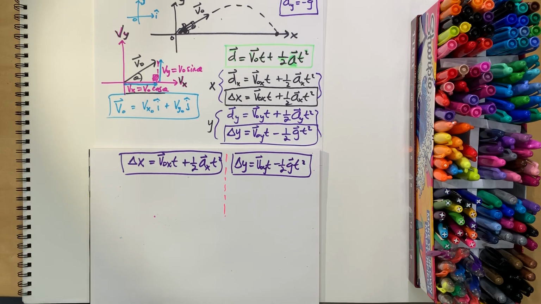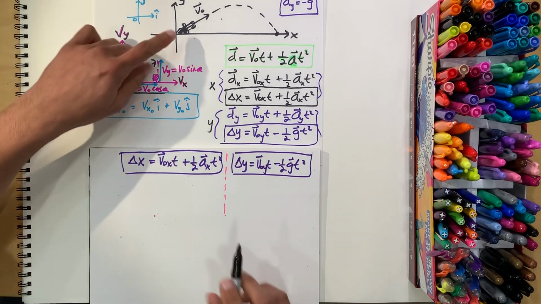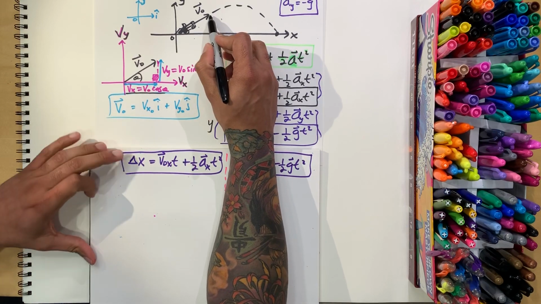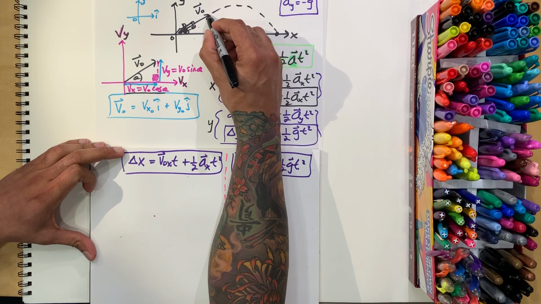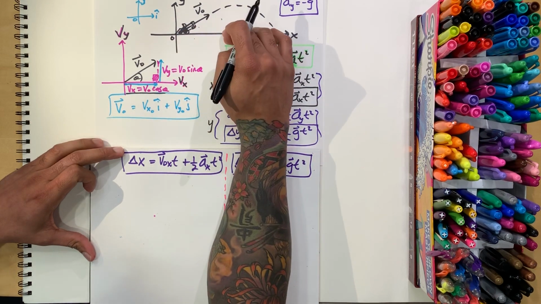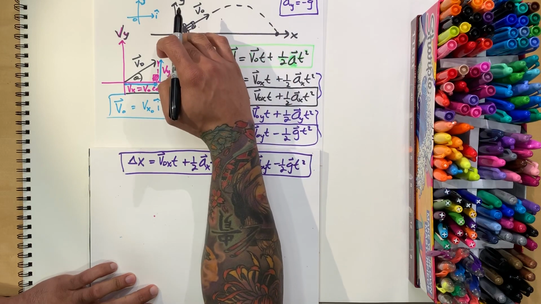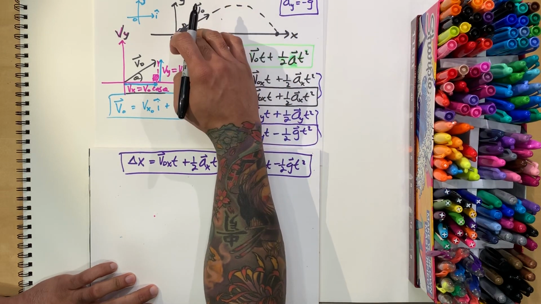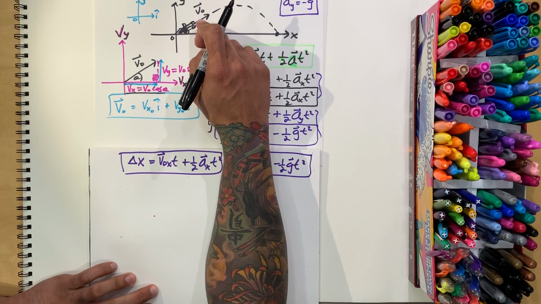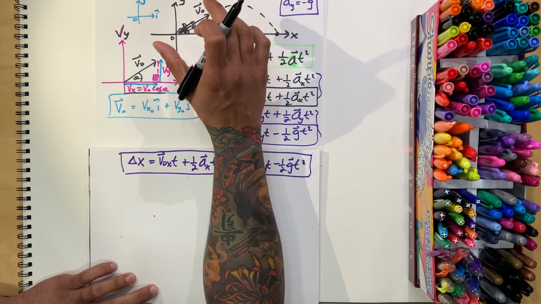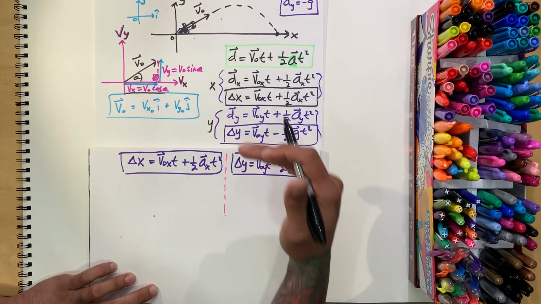All right, so now let's analyze this side first. Okay, I throw the ball up, right? And there's no acceleration in the X direction, because the only acceleration that would be in the X is if it was applied personally. If I kick the ball in this direction or, you know, there's a wind, an external force applying an acceleration in the horizontal.